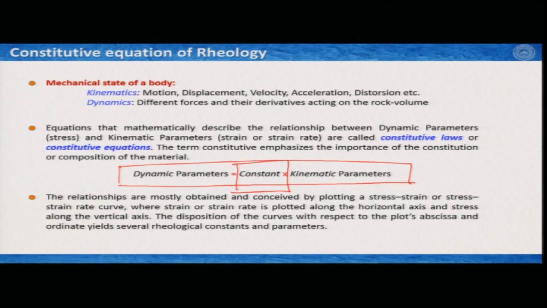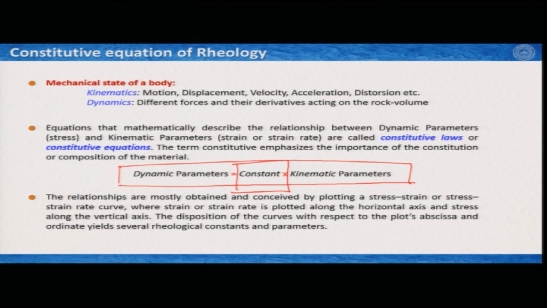They are seen in the form of stress strain or stress strain rate curves, where strain or strain rate is plotted along the horizontal axis and stress is plotted along the vertical axis.